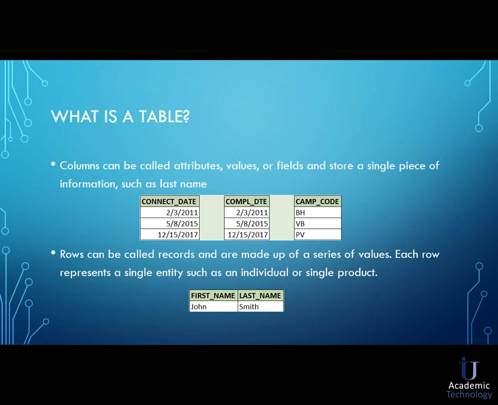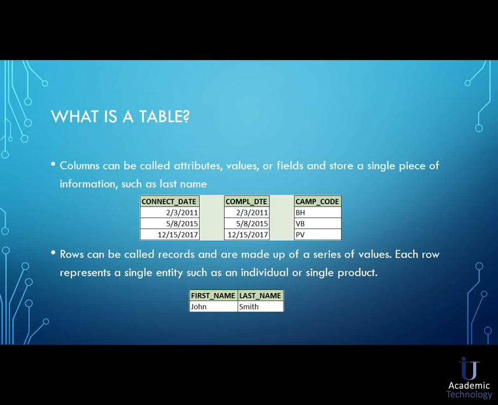If you have two connect dates and you ask to pull a connect date, the computer won't know which one you mean. Now, instead of first name, last name, you could do name 1, name 2, but that's frowned upon. And when we talk about normalization, that actually breaks some of the rules of normalization when creating a table.